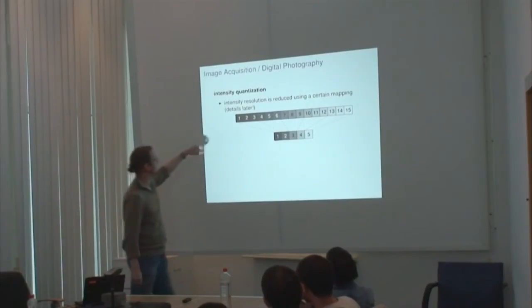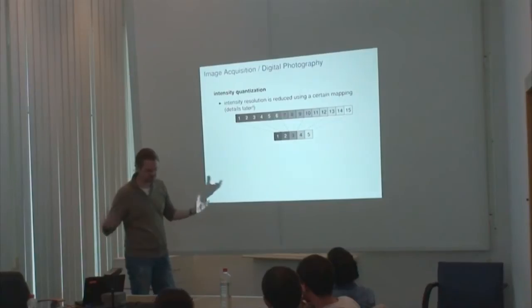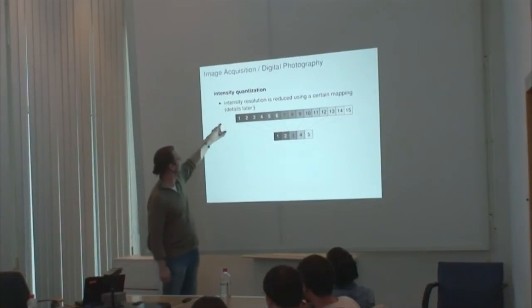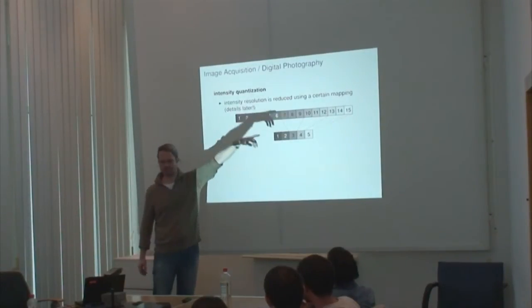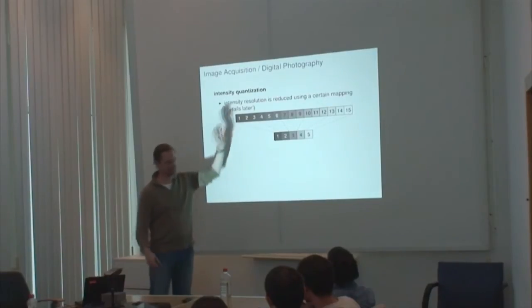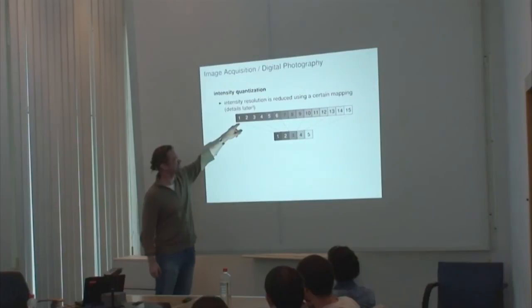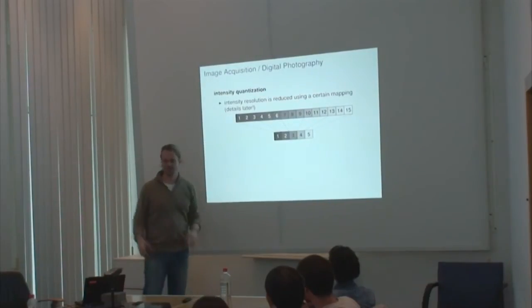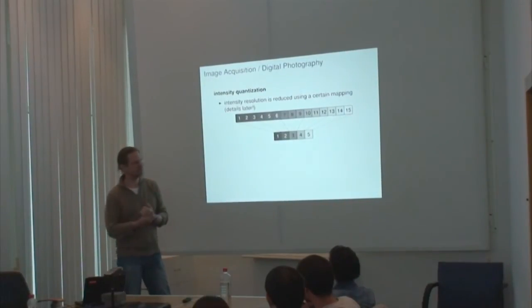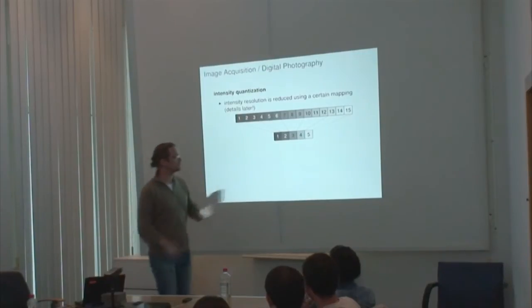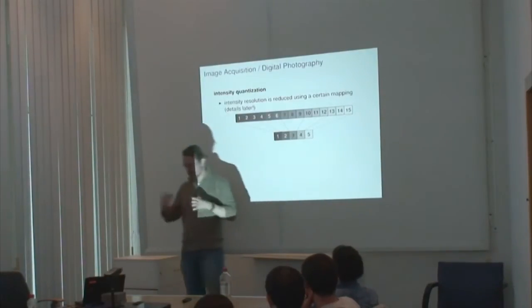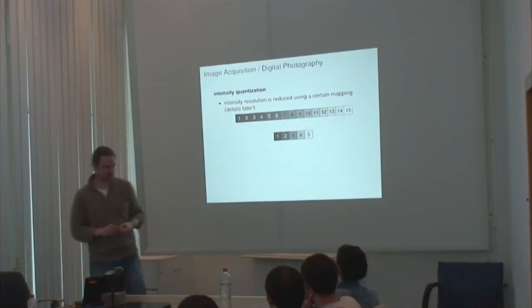I could draw a stack from 1 up to 100,000, but then again you couldn't distinguish that. So I confine myself to 15 here. But we see we have either something very dark, that is a lower amount of electrons being recorded here, or something very bright, that is a larger amount of electrons being recorded.